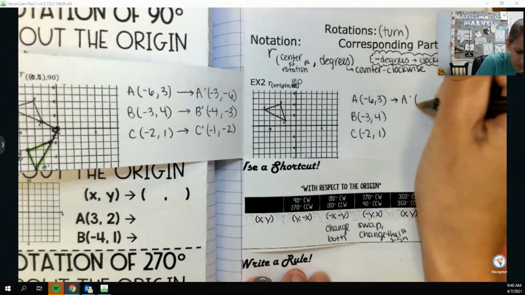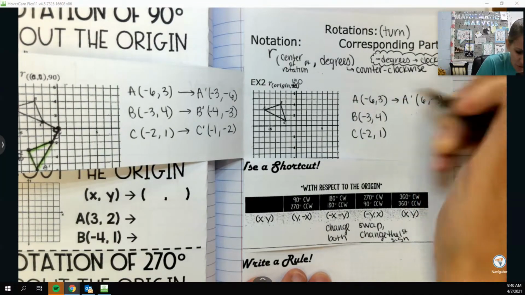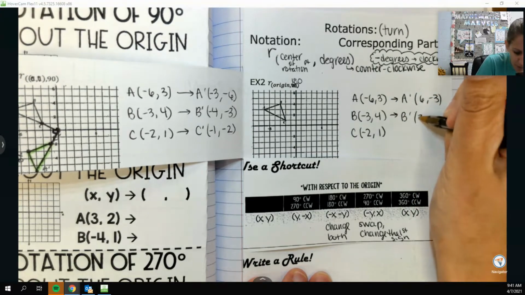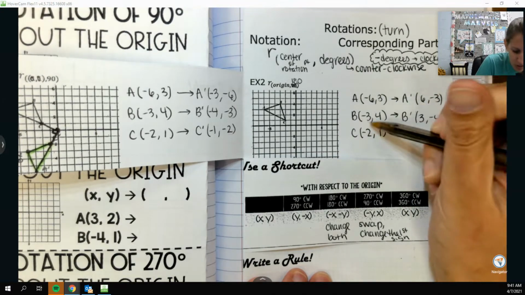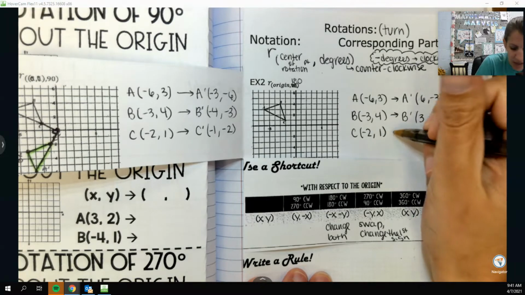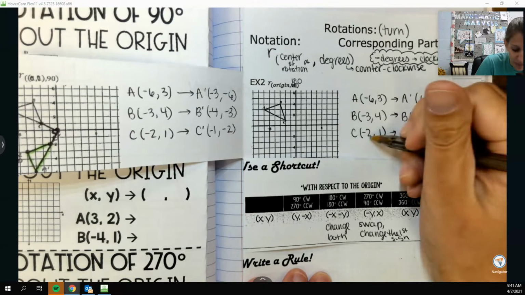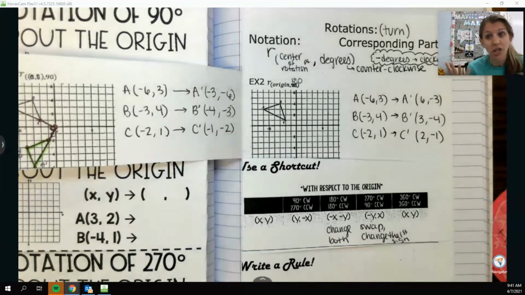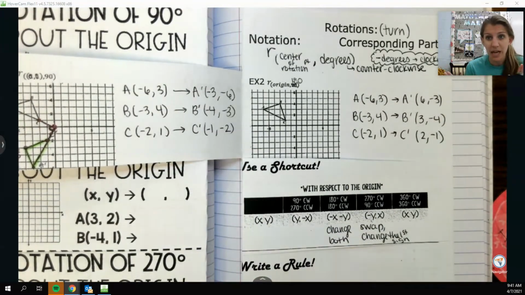So A prime will be 6, -3. Change the sign, change the sign. B prime will be 3, -4. Change the sign, change the sign. C prime, change the sign and it's 2, change the sign and it's -1. So you're just changing both the signs. You don't do any swappy stuff.